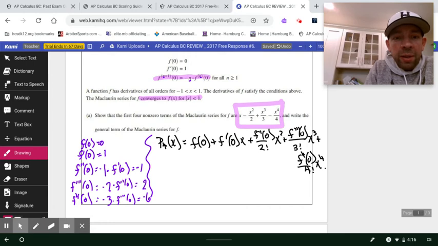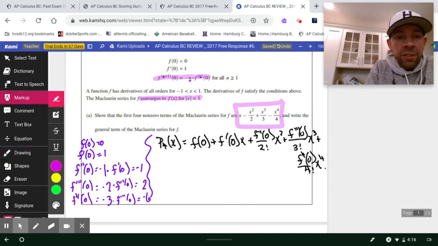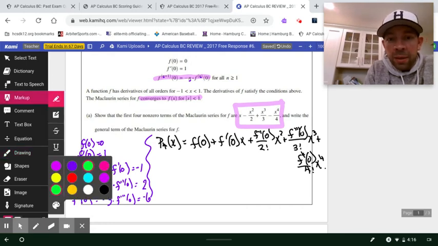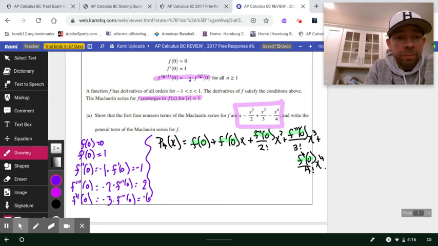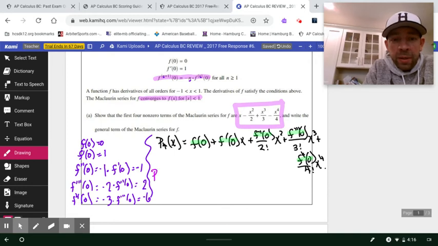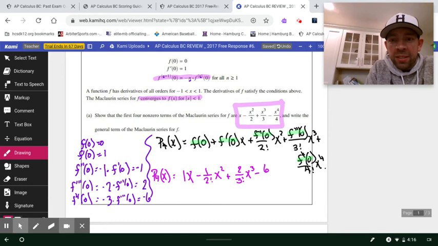All right, so I'm going to plug those values that I just got. I'm going to sub them in here, here, here, here, and here. Other than that, pretty much things are taken care of for us here. So let's see if we can put this all together. That 4th degree polynomial is going to be 0 plus 1 times x minus 1 over 2 factorial x squared plus 2 over 3 factorial x cubed minus 6 over 4 factorial x to the 4th.